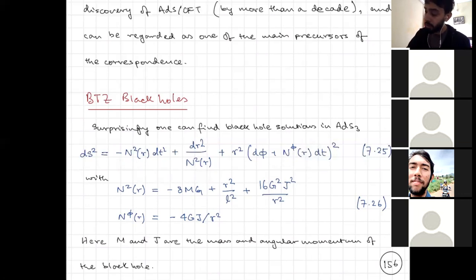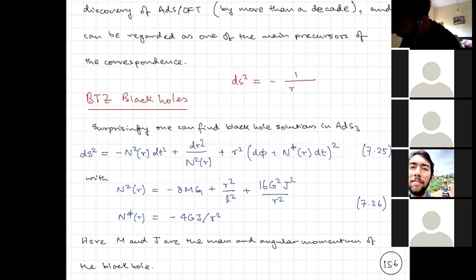So in your Schwarzschild case, if you remember, ds squared is equal to minus (1 minus 2m over r) dt squared plus dr squared.